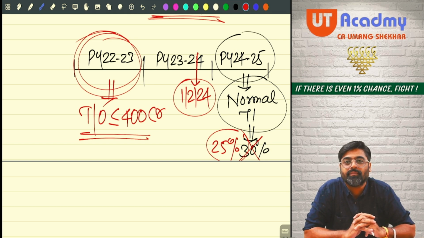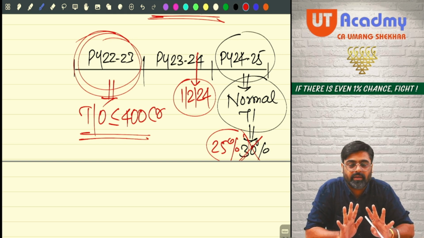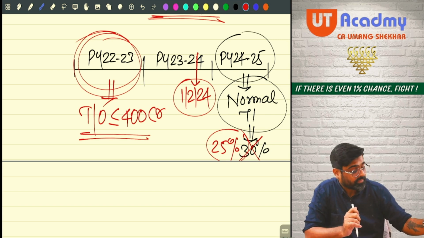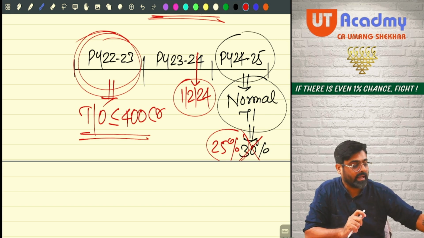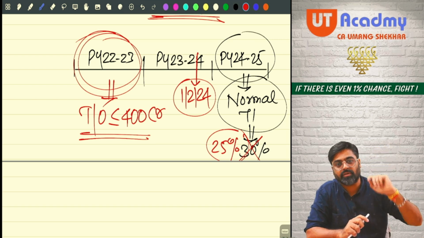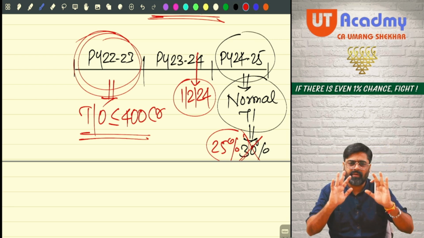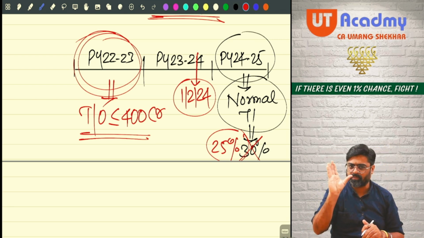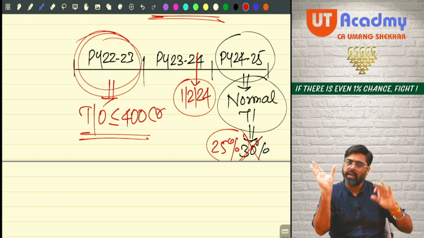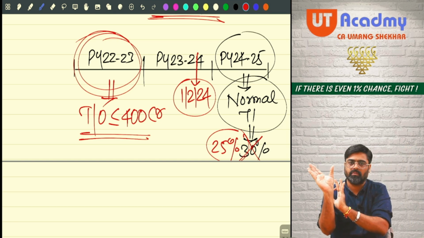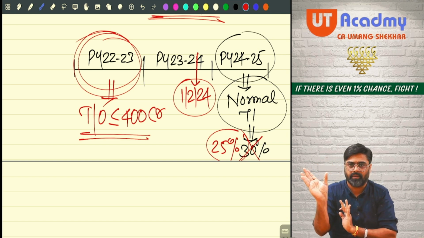Understood? Sure. So we have completed the normal tax rates applicable to all the types of assessees. See, whenever any assessee is earning special incomes, on that the tax rates are predefined.